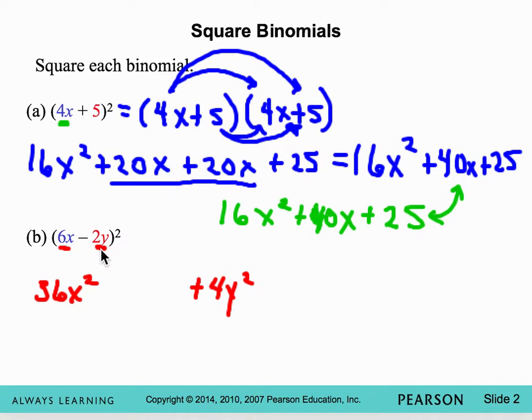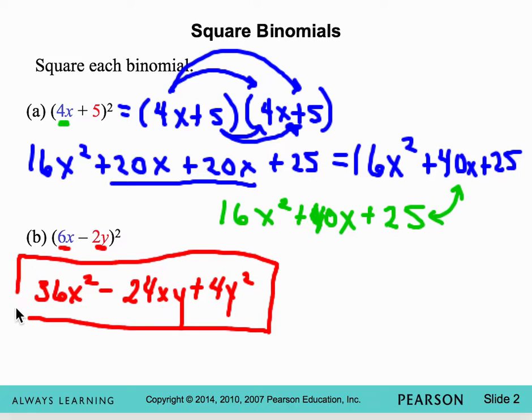Multiply the 2 terms together, 6x times negative 2y, or I'm just going to match that sign, so I could say 2y, 12xy, and double it. 12 and 12 is 24xy, and you match that sign. So once again, it just allows me to multiply these certain kinds of binomials out in one step, instead of having, in this case, 3 separate steps to get there.